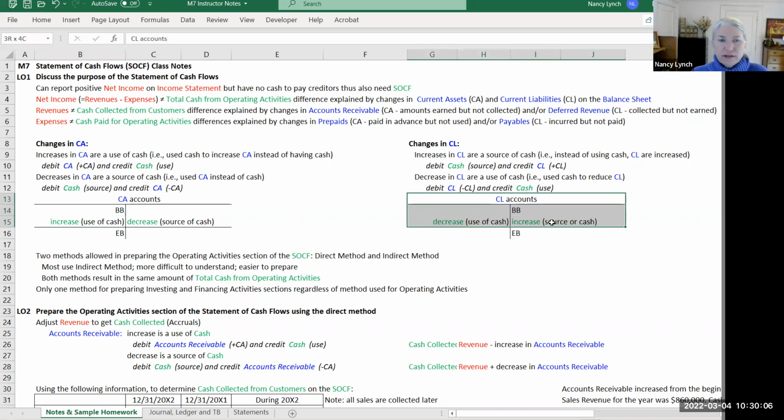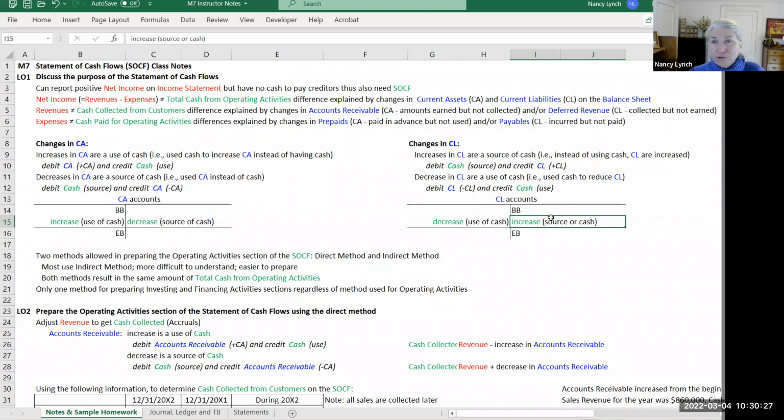Liabilities, let's look at those now. In general, if current liabilities go up, that means you gave IOUs instead of cash. That's a source of cash. So it means that whatever's on the income statement is going to be less than the related cash amount.